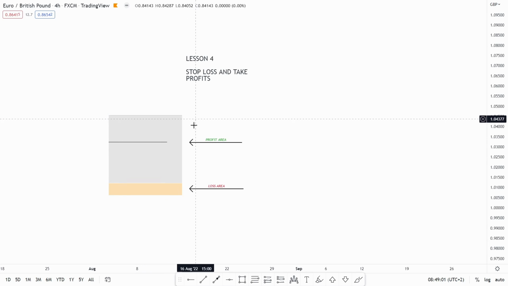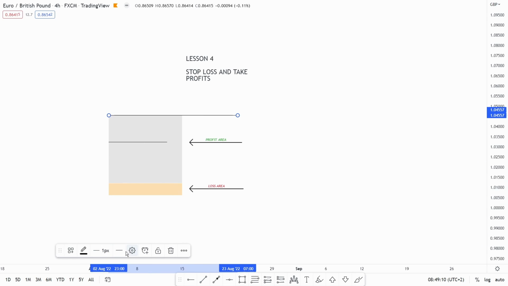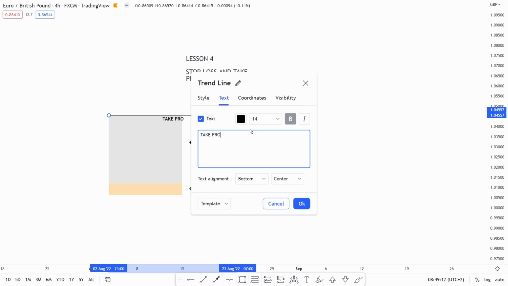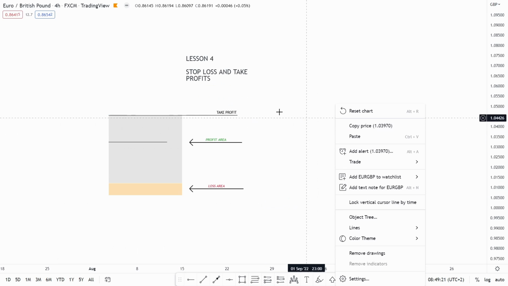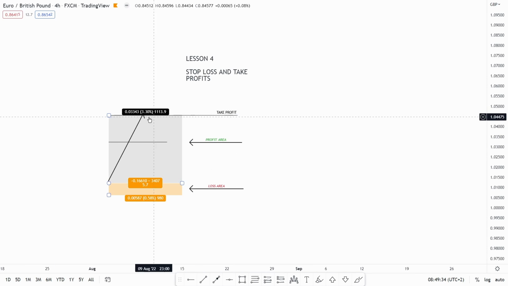But if you put your take profit over here, let's type take profit, so if you put your take profit here and the market finally reaches this area, what your broker does is close your position, so the profits you were making here are going to be taken.